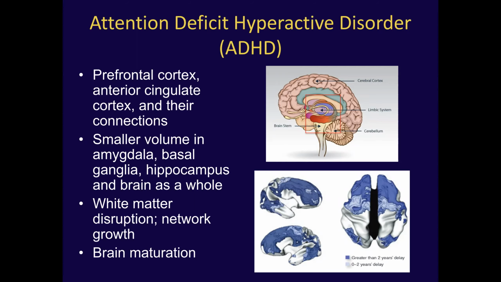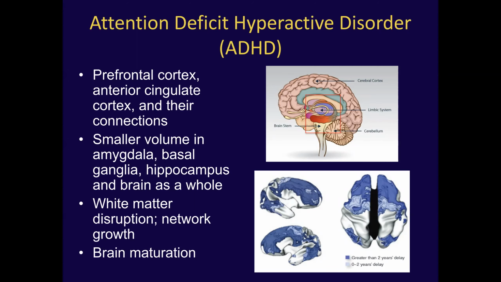And there are some studies showing that this region of the brain is smaller, and so are the connections that go from the frontal lobe to other regions. This has been shown to be associated with executive dysfunction, which are symptoms of ADHD.